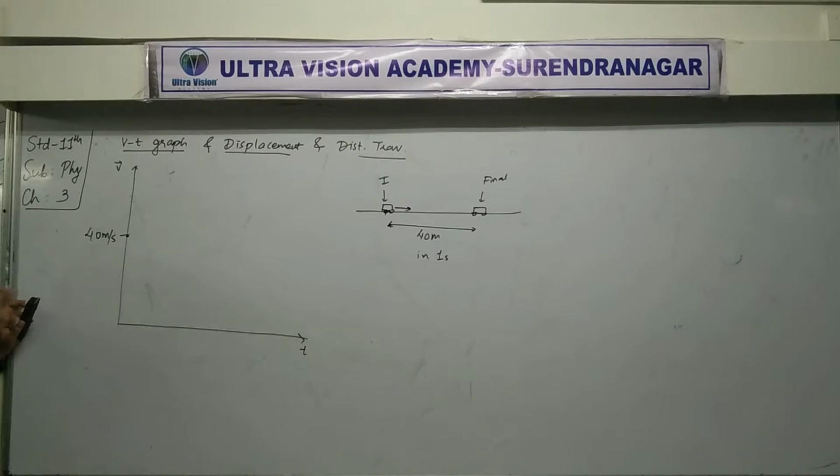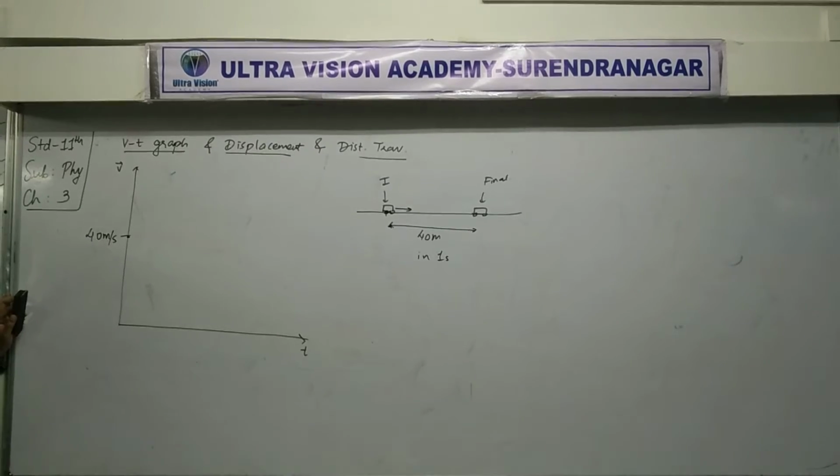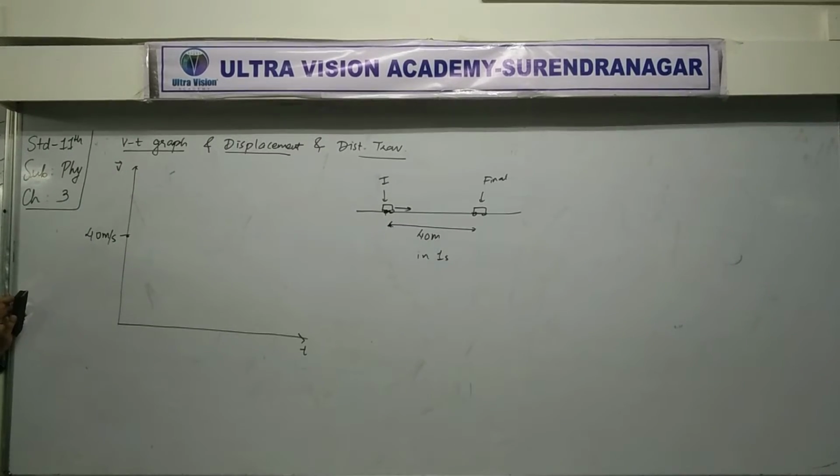It is not because distance traveled is 40 meter, because distance traveled has nothing to do with velocity. Even average velocity is what? What is average velocity?